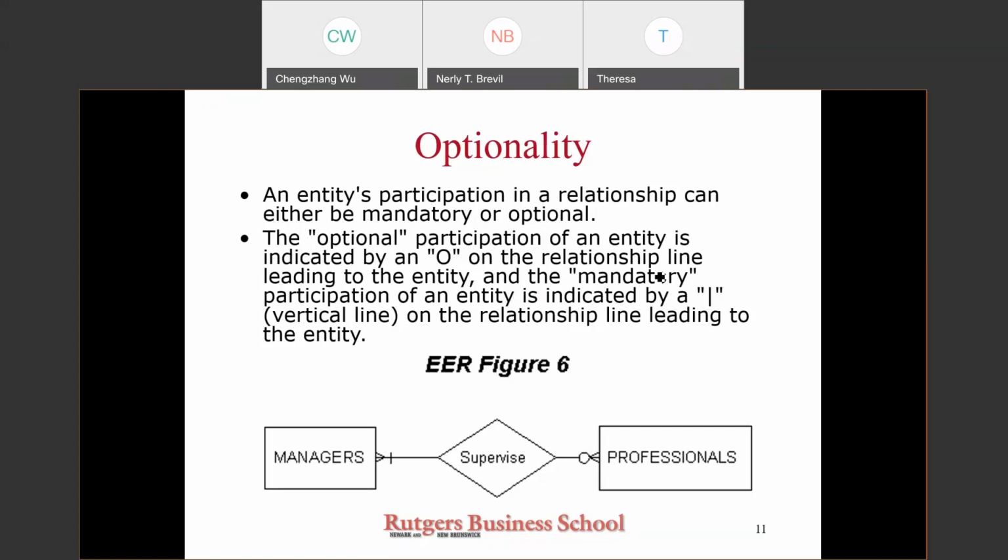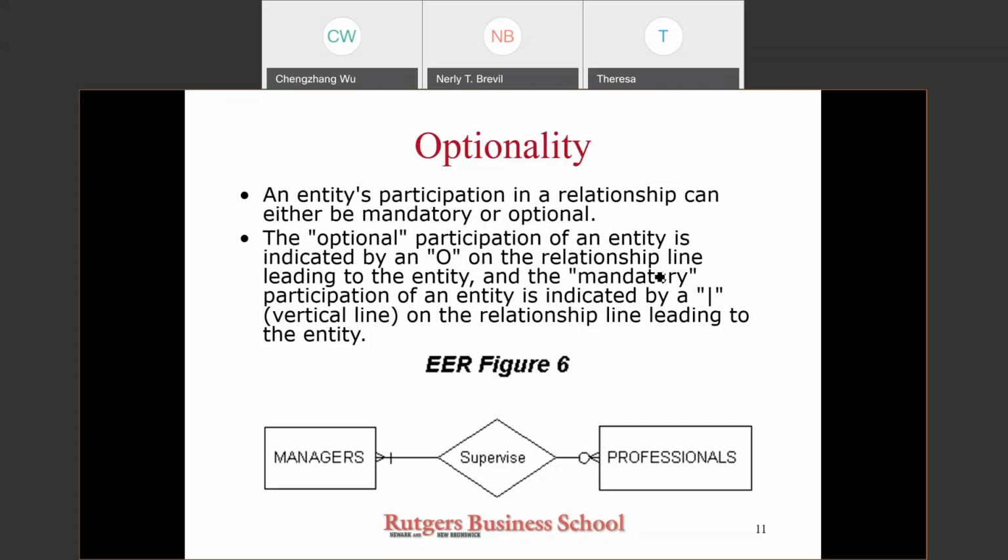And in the real world, it probably means a newly hired manager may not yet be assigned to supervise any professional. And in another case, a professional must always be supervised by at least one manager and possibly by many managers.